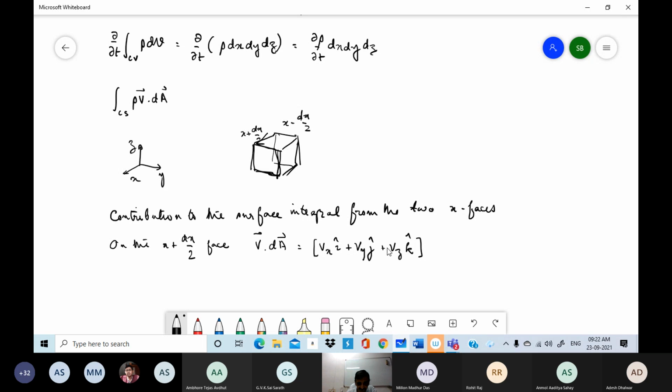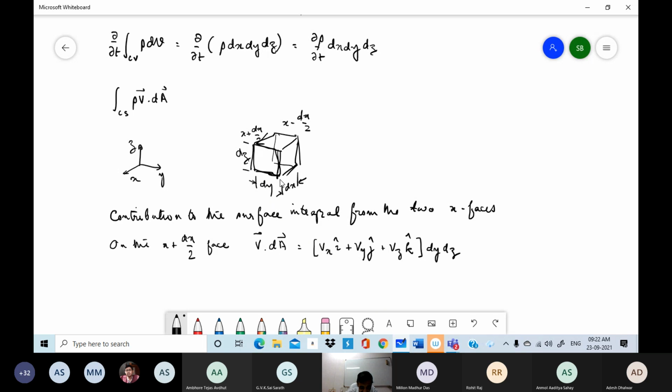So V I can represent in this form, and on the x plus dx by 2 face, the magnitude of the area is, so this was dx, this is dy, and this is dz.